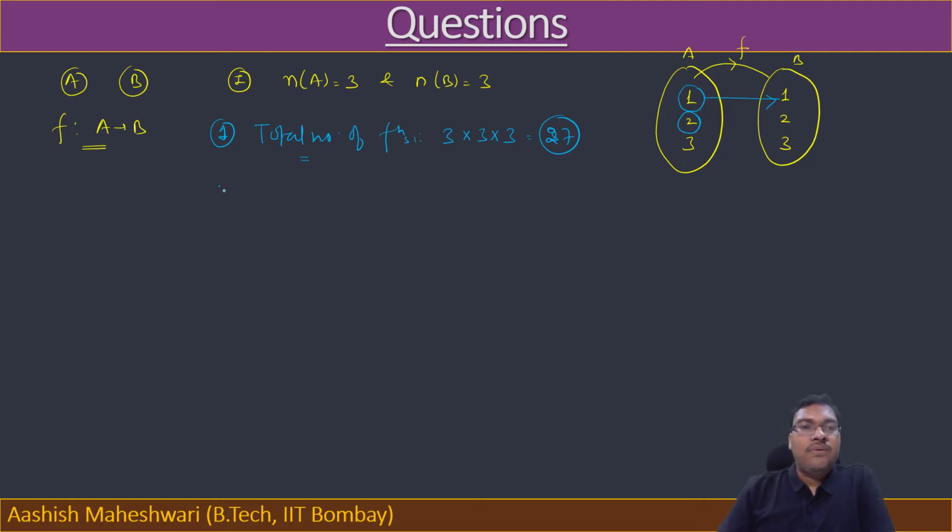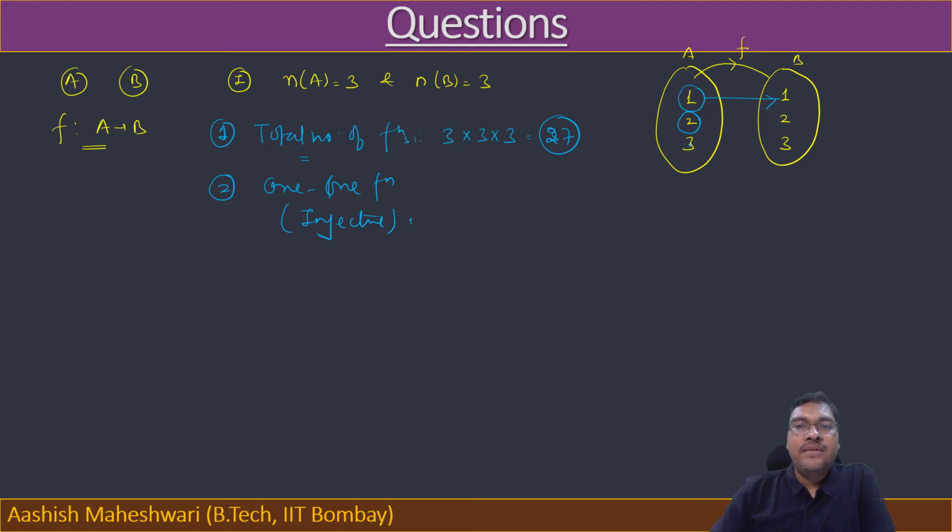Okay, now if I ask you how many of them are one-one functions, that is injective functions, how many are injective functions? Now what is injective function? That we have already done. So I'm assuming that you know the concepts of one-one, many-one, onto and into function, right? So now you see, for one-one function, every element of set A should have different image.